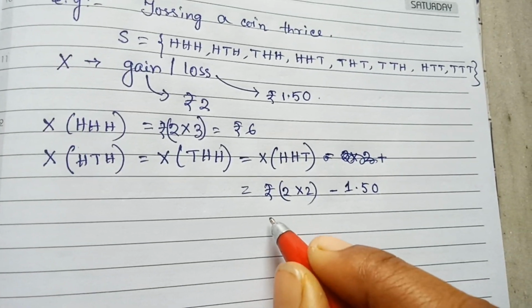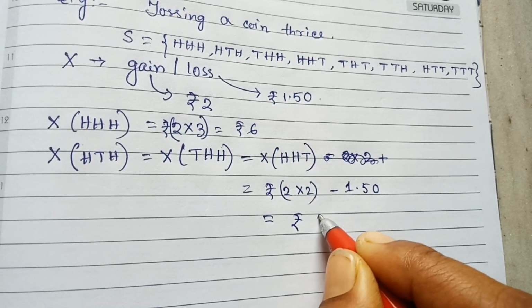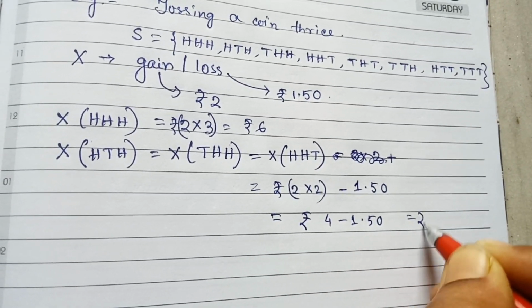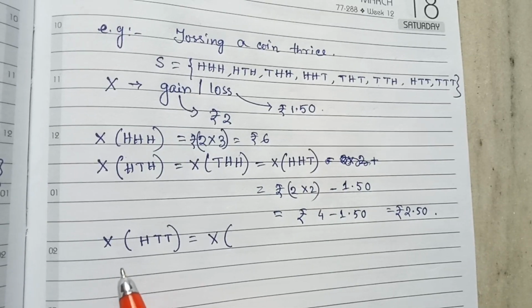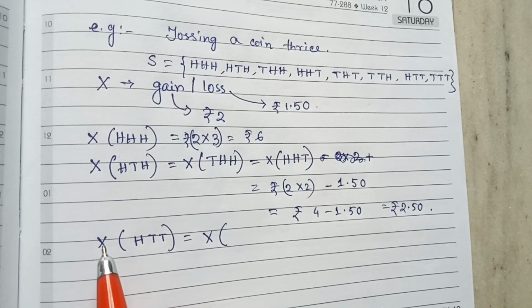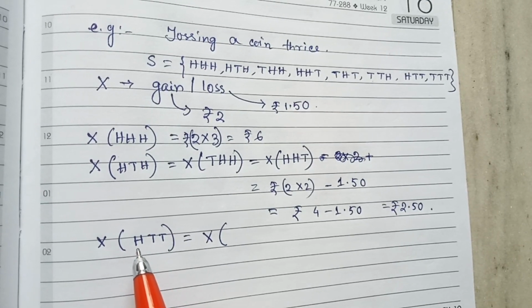So ultimately it's coming positive, that is 4 minus 1.50, so it is coming ₹2.50.